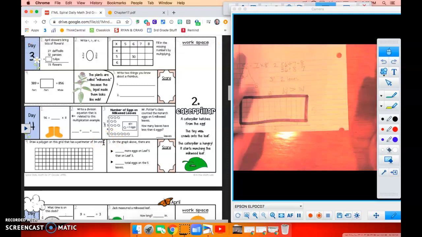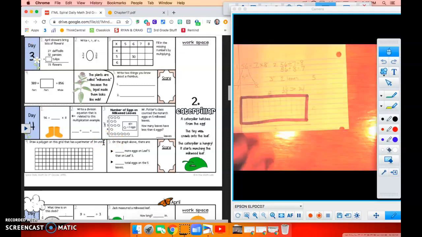Last one here is number 5. On the graph above, there are blank more eggs on leaf 5 than on leaf 3. Well, we should probably just count them, right? On leaf 5, there's 1, 2, 3, 4, 5, 6. On leaf 3, there's 1, 2, 3. So 6 minus 3 is 3, right?